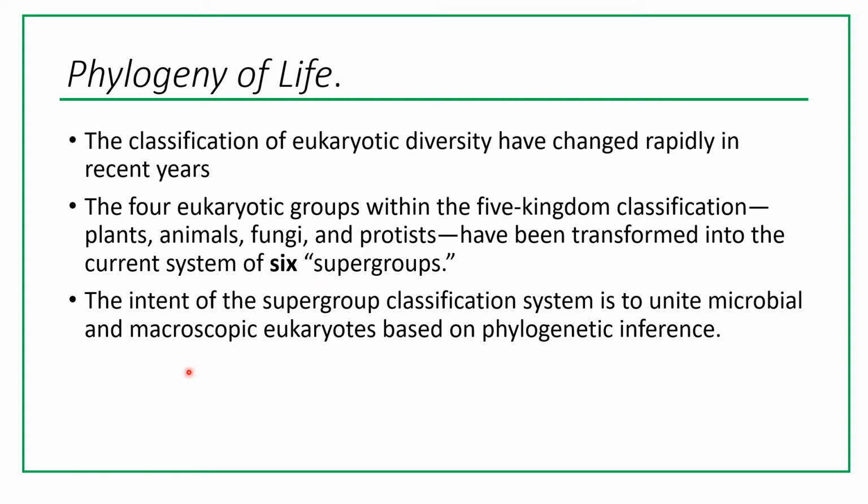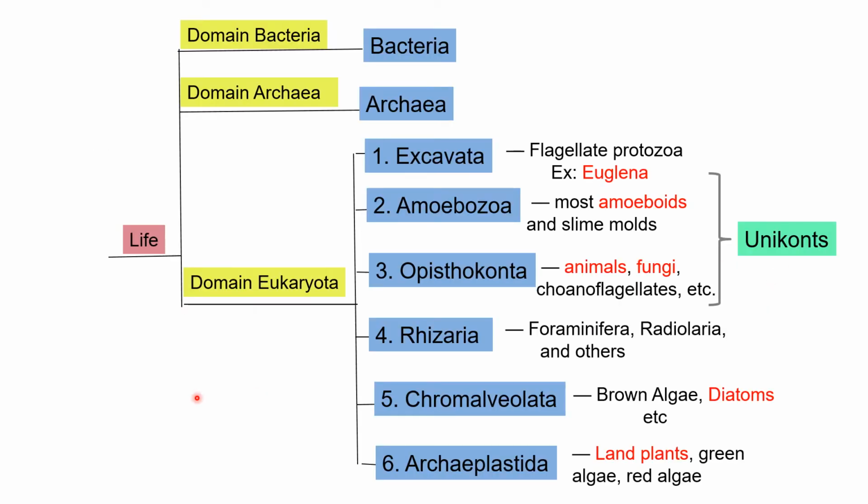The intent of the supergroup classification system is to unite microbial and macroscopic eukaryotes based on phylogenetic inference. So let's look at these supergroups on the next slide. Here we have life. Life is divided into three domains: domain Bacteria, Archaea, and Eukarya.